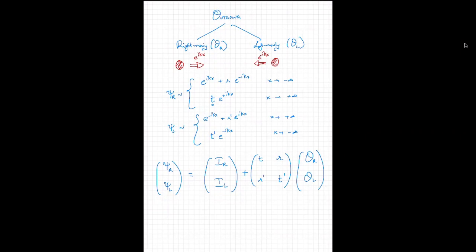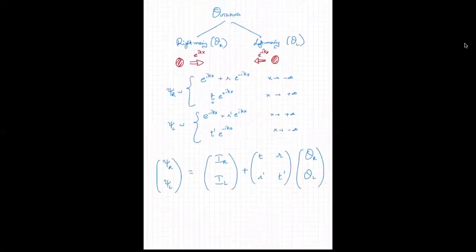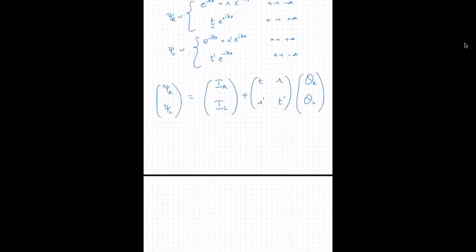Even though there are two waves that are traveling along the same direction with the same velocity, with the same momentum, there is one that is actually thrown into the potential and one that is actually transmitted through the potential. They both have the exact same form, e to the ikx, and one makes a distinction between these two.